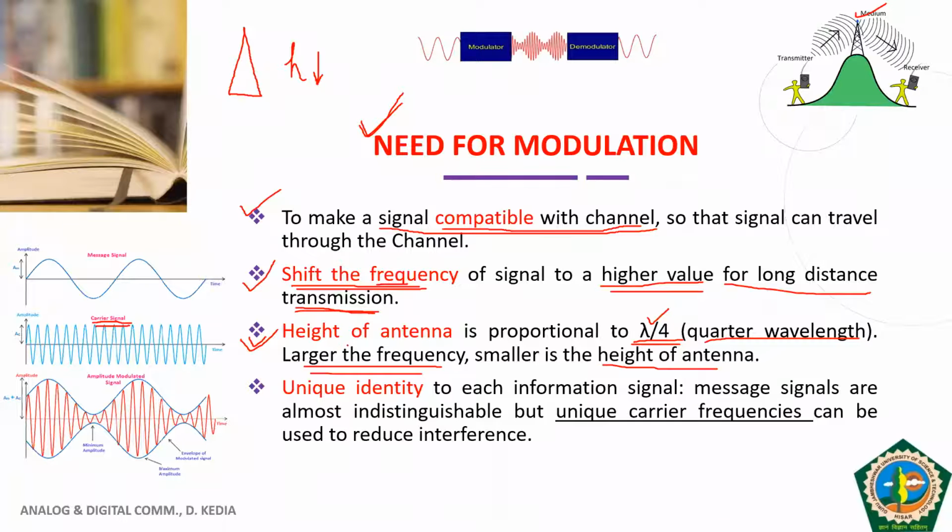Then another important point for modulation is, see, I told you that this wireless channel or wireless medium is common to everybody. In this channel my signal is present, and in this channel somebody else's signal will also be there, because this wireless space is common, the environment is common, anybody can transmit his or her signal to this environment.